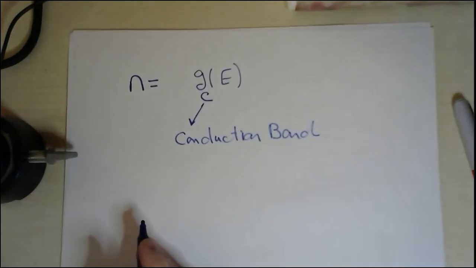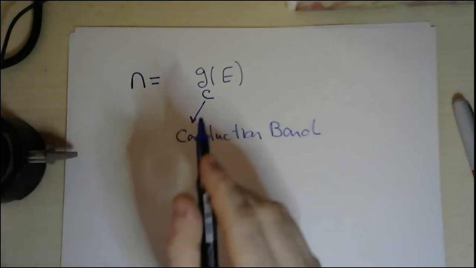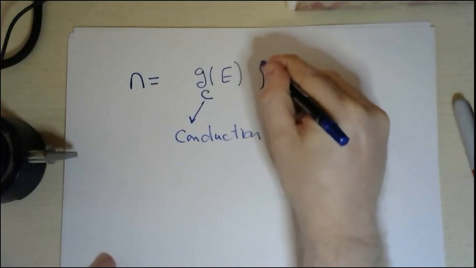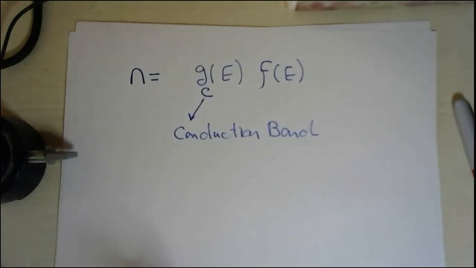So GC of E is the big formula given in the lecture, in the slides I just showed to you, and multiplied by F of E, where F of E is the probability to find an electron. That's great. But again, electrons are only defined in the conduction band. So I have to make this limitation.